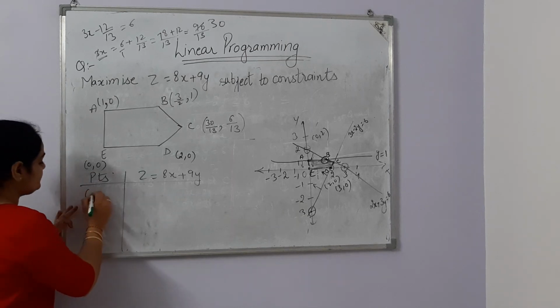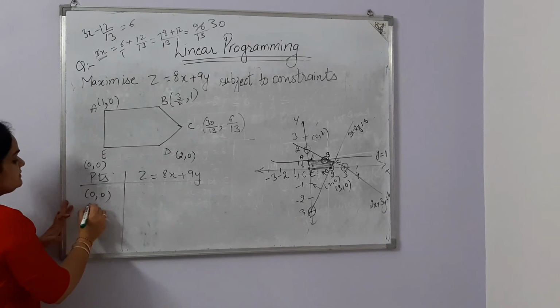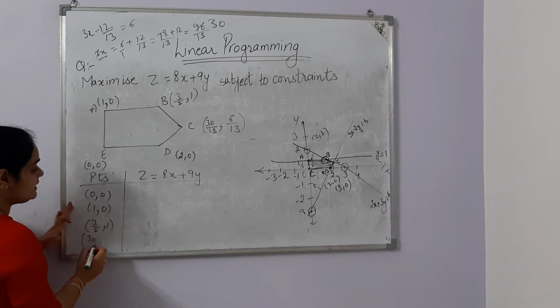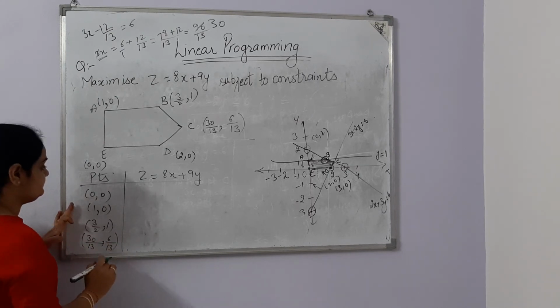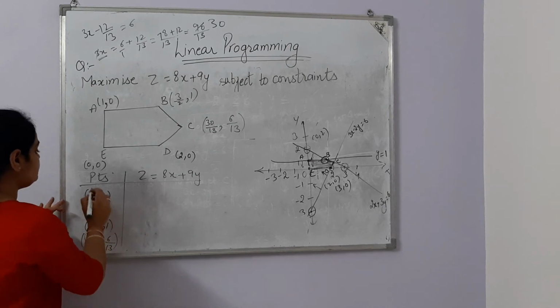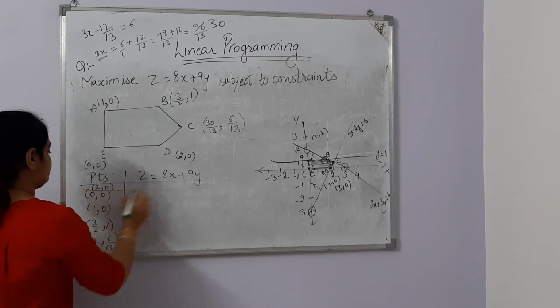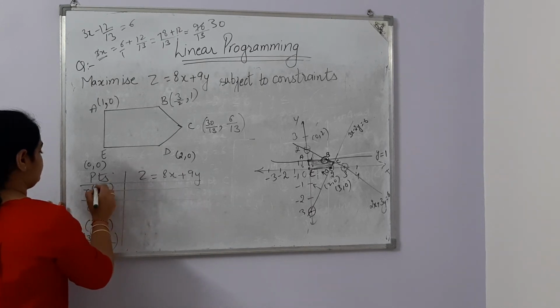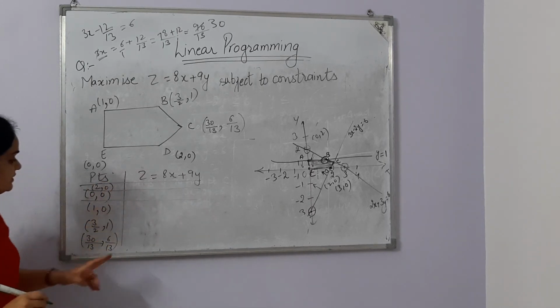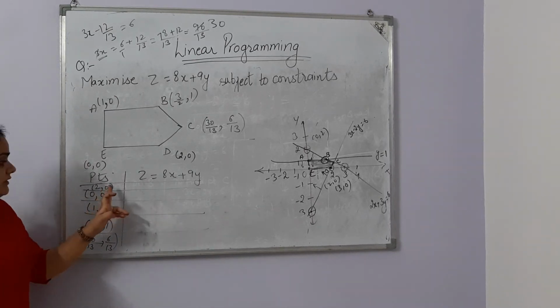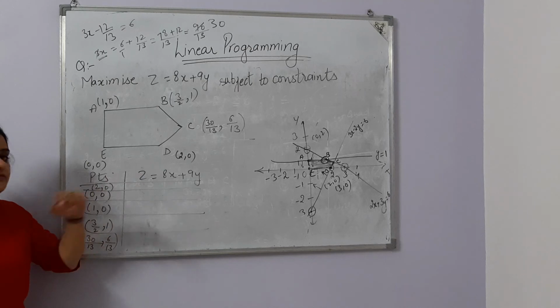The first point is (0, 0), another is (1, 0), then (3/2, 1), (30/13, 6/13), and the last point, here I am writing, is (2, 0). So I have written all the points. We need to fill in the table.